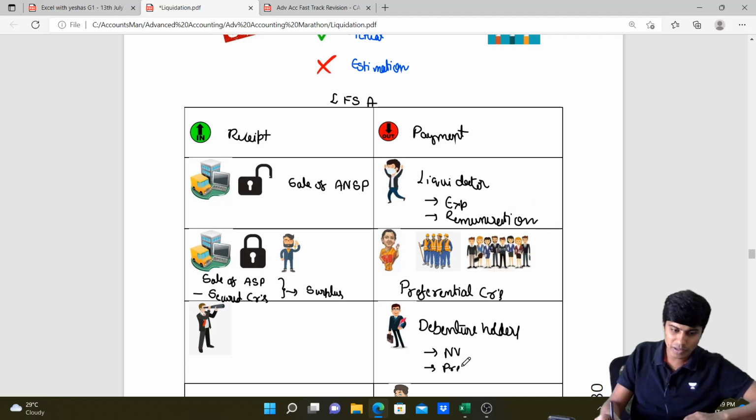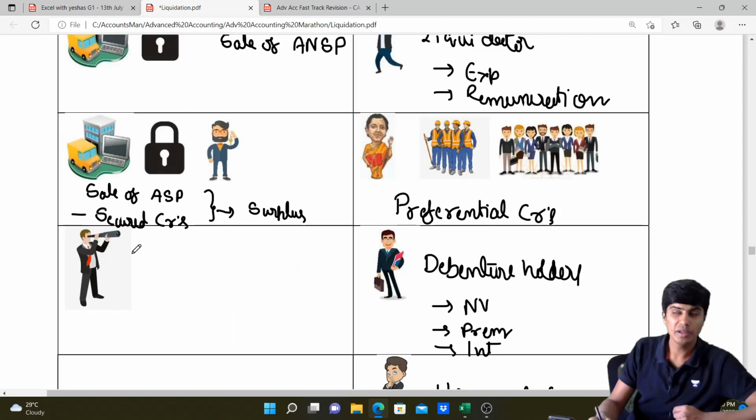Before we pay equity shareholders, at any point of time, whether before we pay preferential shareholders, or unsecured creditors, or on payment of debenture holders or preferential creditors, if the company doesn't have sufficient money and there is a shortage, then the company can collect that money from the shareholders for the money that they have promised to pay but not paid. For example, if there is a share of rupees 10 held by an equity shareholder against which only 4 rupees is called up, the remaining 6 is uncalled, and if the company moves into liquidation, the company can call for such remaining uncalled capital.